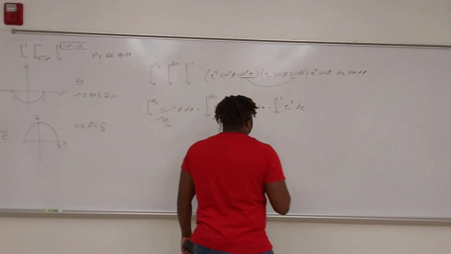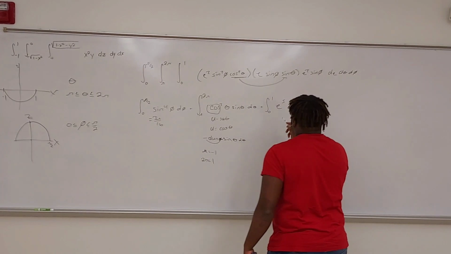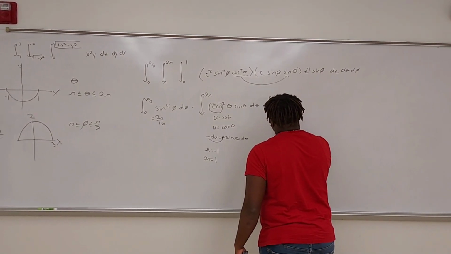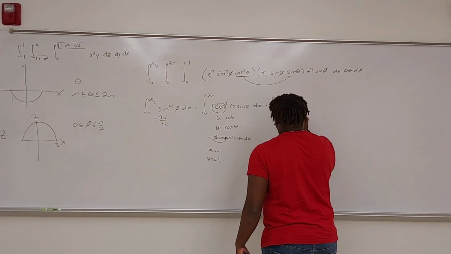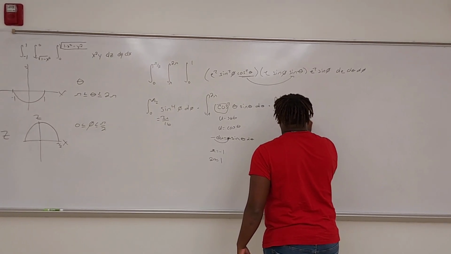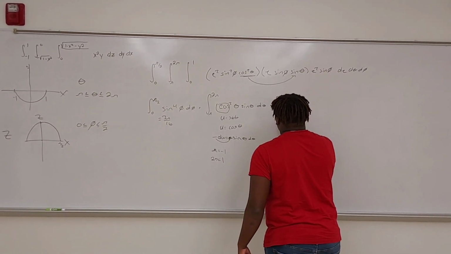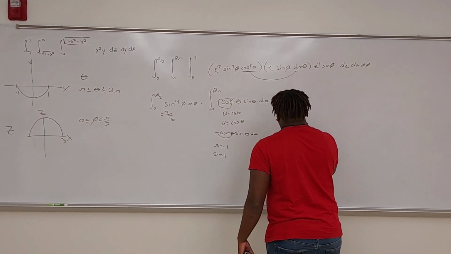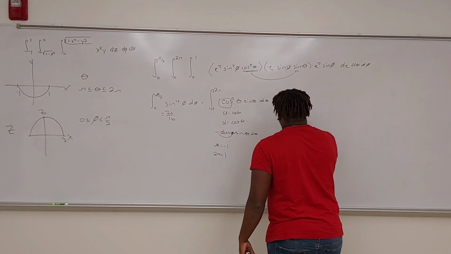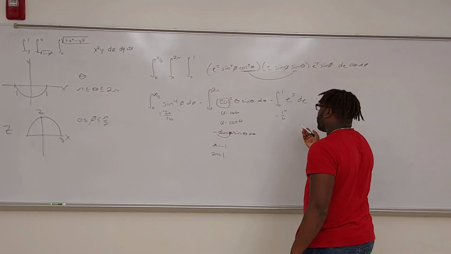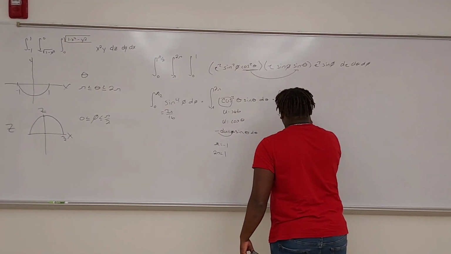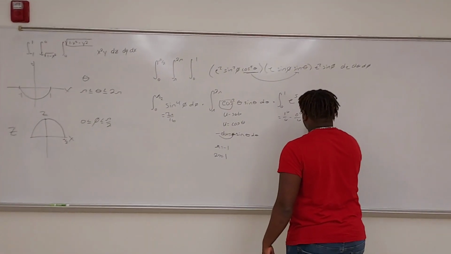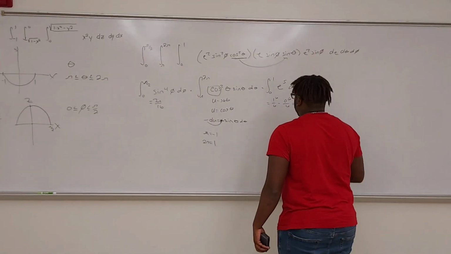And then for this one, to solve this one, you have to substitute 1 in for where rho is, and take the antiderivative, which will be 1 to the 6th power over 6, and 1 to the 6th is still 1, minus 0 to the 6th over 6, which will just give you 1 over 6.